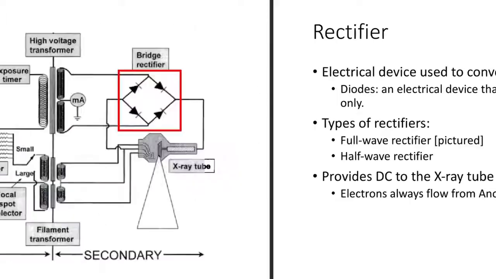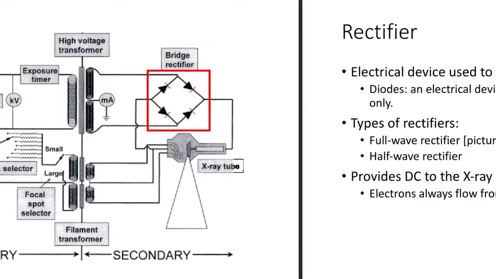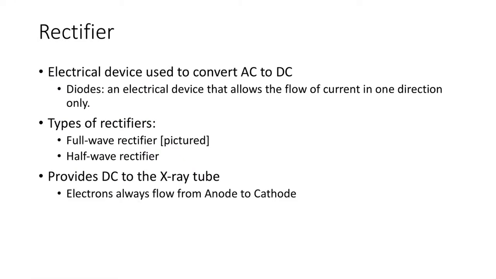And the pictured rectifier here is known as a bridge rectifier. We'll talk about it in a little more detail later. But it's made up of diodes. These symbols are electrical symbols for a diode, as you might recall. Diodes are devices that allow the flow of current only in one direction.